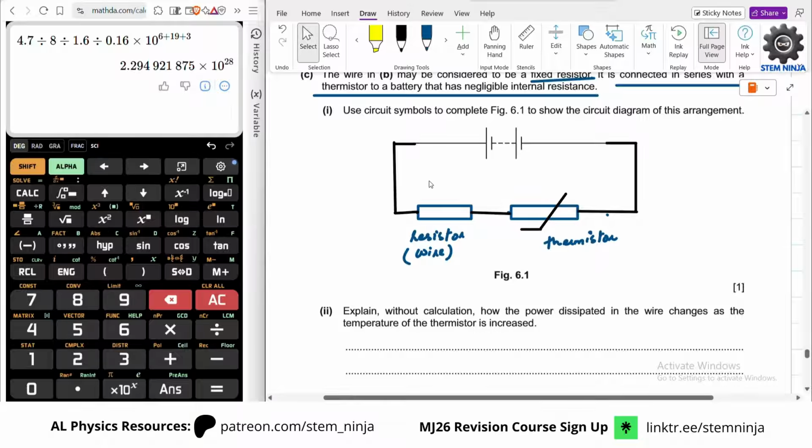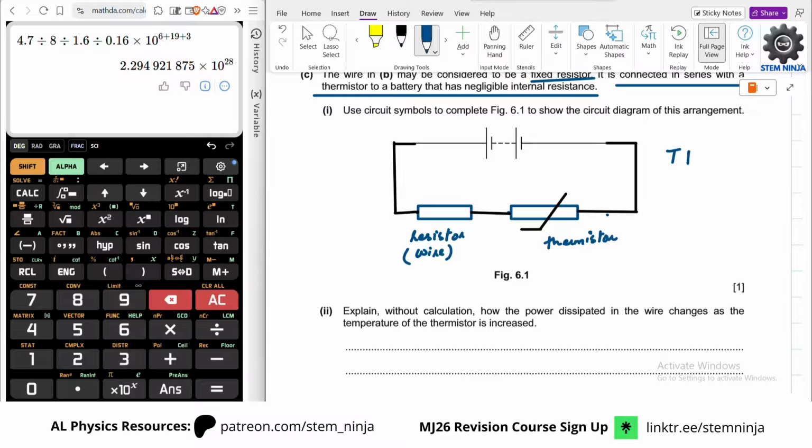Explain without calculation how the power dissipated in the wire changes as the temperature of the thermistor is increased. If the temperature is increased, the resistance of the thermistor would decrease, meaning the effective resistance of the circuit would decrease.